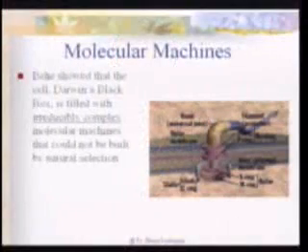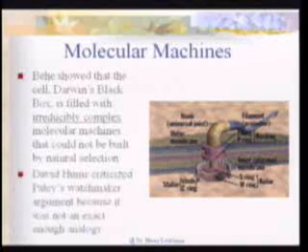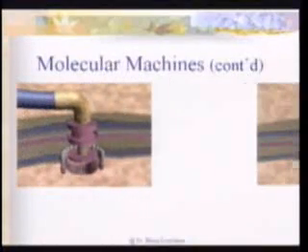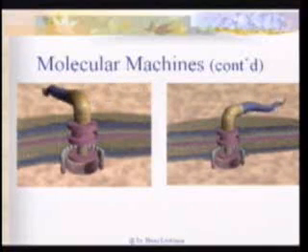I don't think so. And this is an example that Behe used in his book. These molecular motors, or protein motors, if you will, can only be explained by irreducible complexity. There's an example of them there.